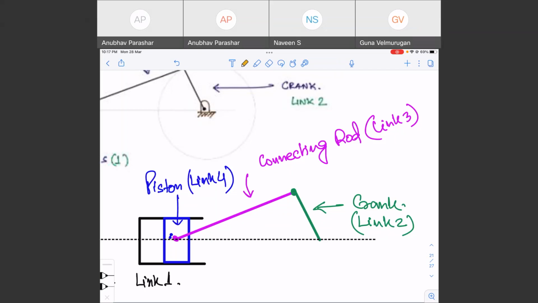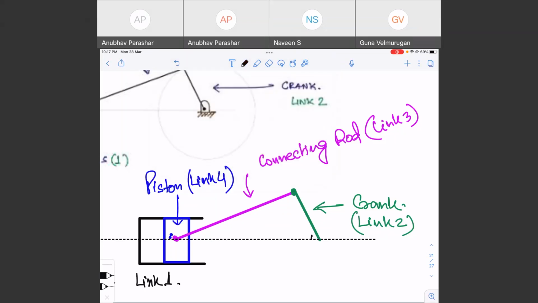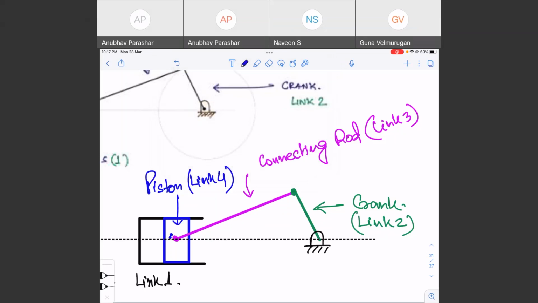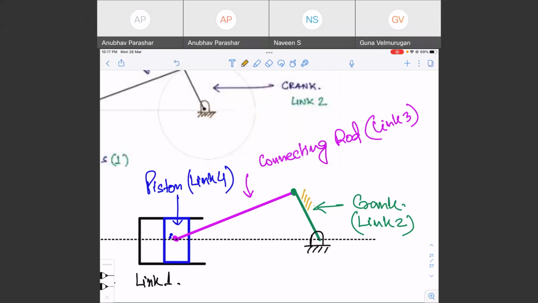I can obtain different mechanisms by fixing different links. So this is basically the kinematic chain. What I have right now is the kinematic chain. I can fix different links. For example, I can fix the crank, or I can fix the connecting rod.